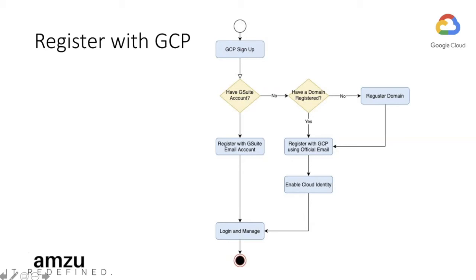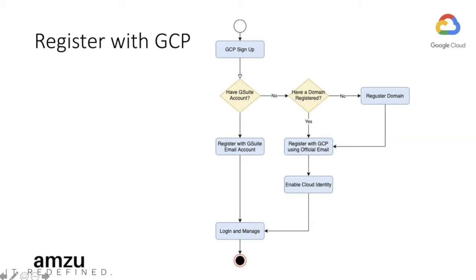And if you have a G Suite account, basically you can sign up for G Suite, which is nothing other than an online office provided by Google for your business, with your business email and everything to manage your infrastructure, your equipment, your organization.